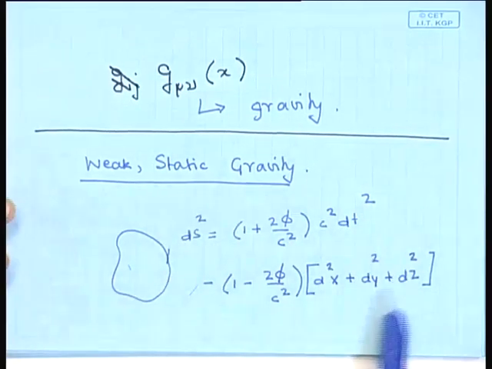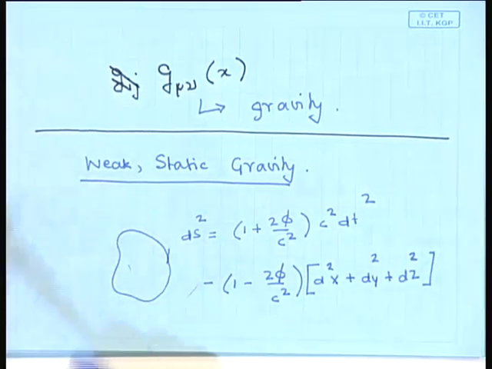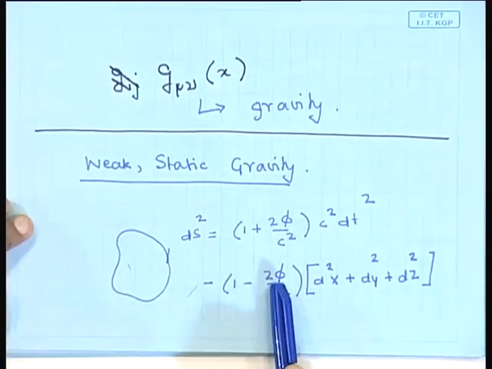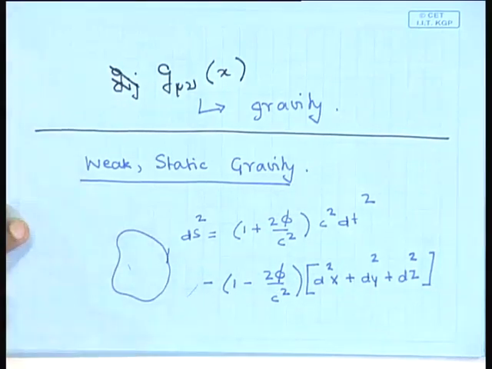This is the line element in the space-time in a weak static gravitational field. The space-time is not flat. If this phi were 0, the space-time would be the flat familiar space-time.